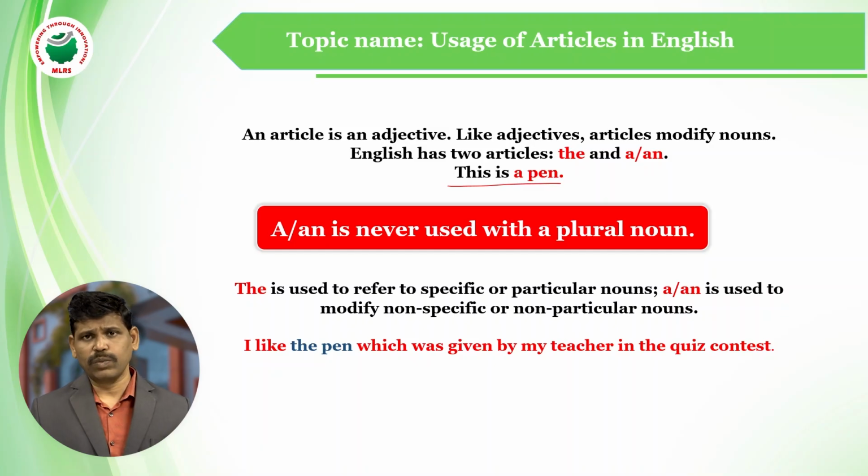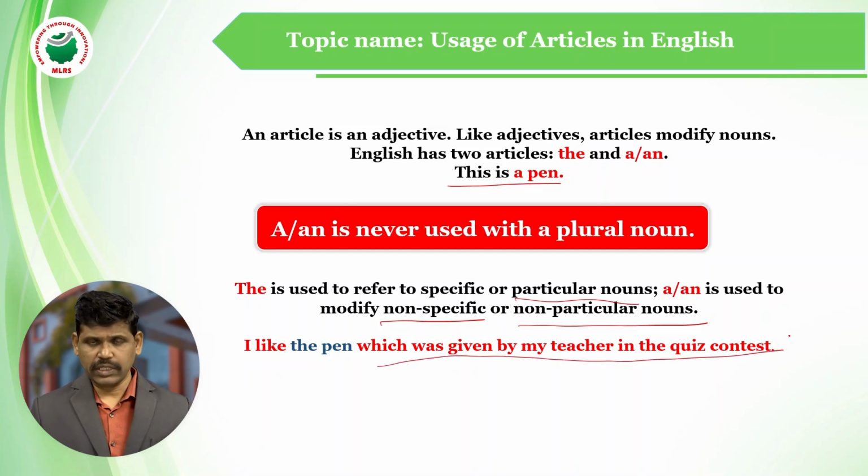For a singular countable noun, we use the article a. The is used to refer to specific or particular nouns. A is used to modify non-specific or non-particular nouns. One example I'll give you: I like a pen.